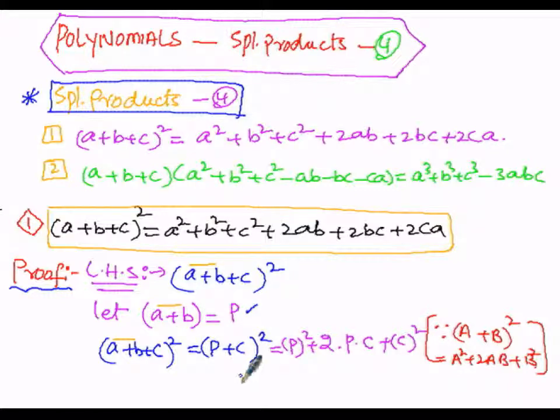That implies p square plus 2 into p into c, 2pc, plus c square. Now I want to substitute the p value, that is a plus b, again in the same place. So by replacing p again by a plus b, the previous logical step is p square plus 2pc plus c square.